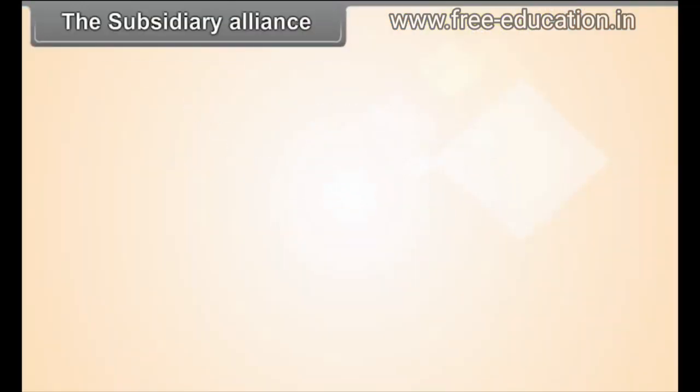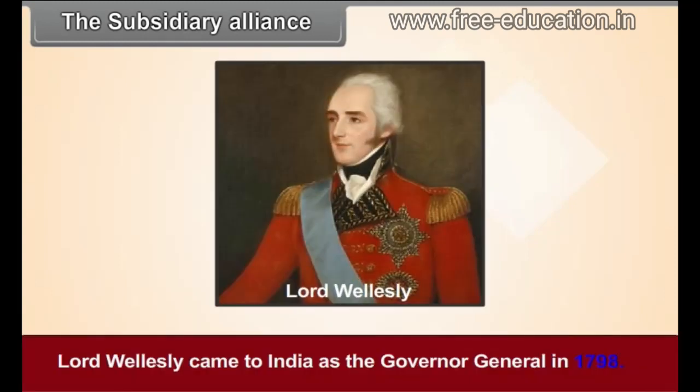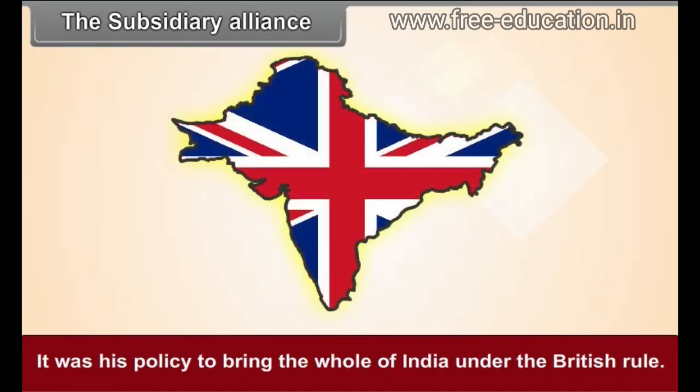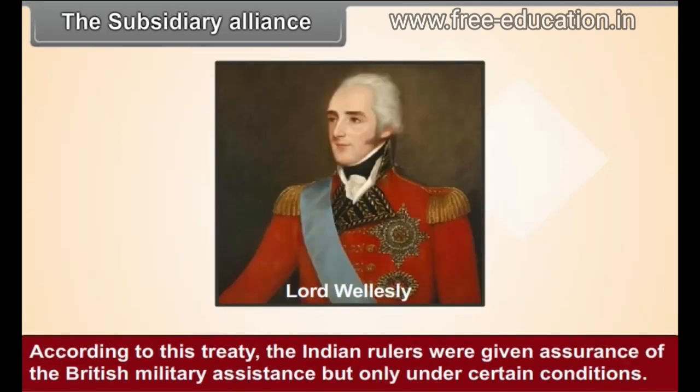The Subsidiary Alliance. Lord Wellesley came to India as the Governor-General in 1798. It was his policy to bring the whole of India under the British rule. With this end in view, he entered into treaties of subsidiary alliance with many Indian rulers. According to this treaty, the Indian rulers were given assurance of the British military assistance, but only under certain conditions.